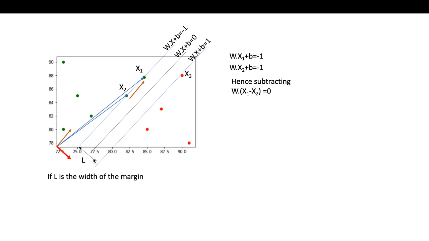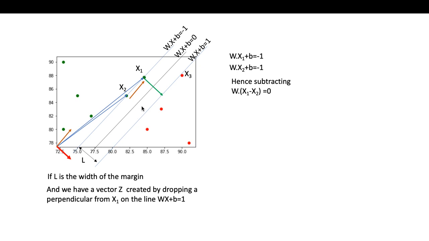L is the width of our support width, or the distance between the support vectors, or the two margins of the actual decision boundary. If that is the case, how can we create a vector which can represent L?